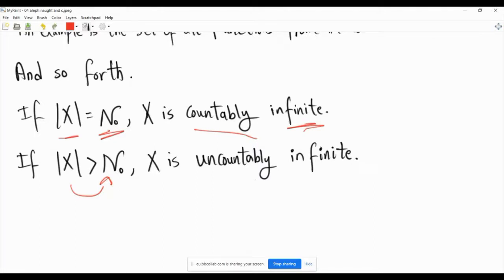But for applications like probability and signals and systems, we are typically interested in this classification: the infinite sets that have cardinality Aleph Naught, which are called countably infinite, and those with cardinality strictly larger than Aleph Naught, like the set of real numbers and so on. Now, things like Aleph Naught and c are called the cardinal numbers.